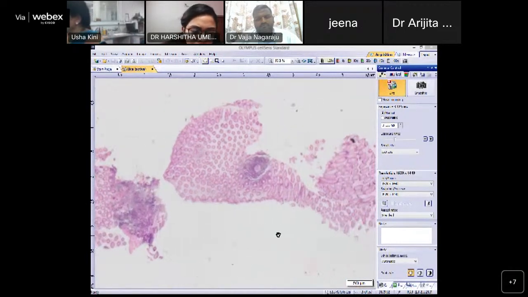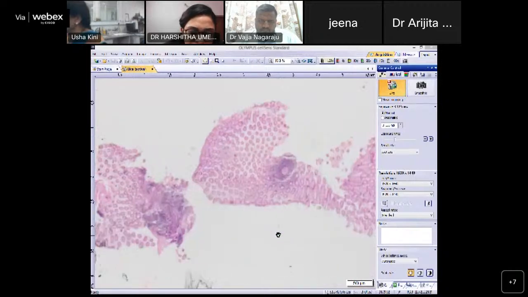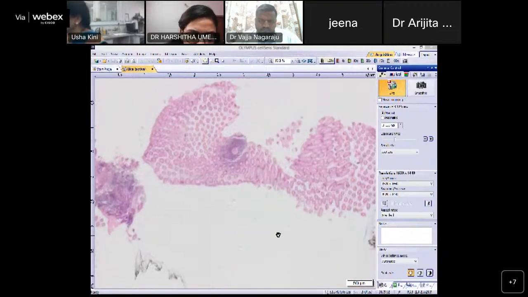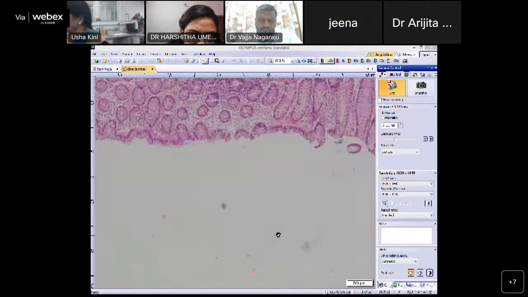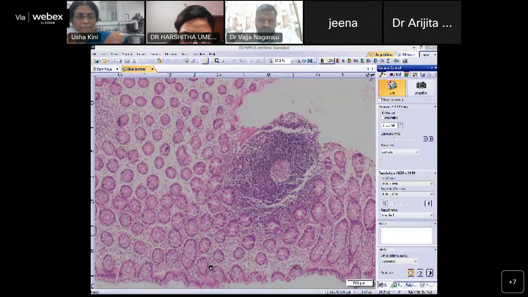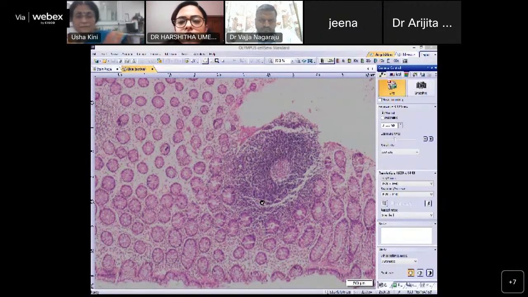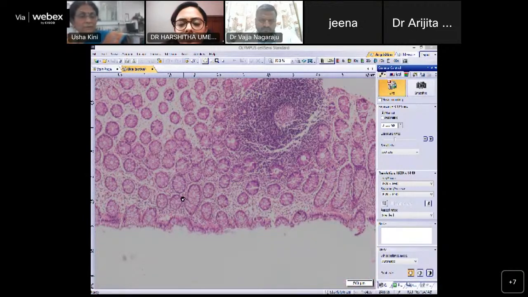Okay, so here are the mucosal bits from the cecum. You see the colonic mucosa. What is this, Hashita? Lymphoid aggregate, right? This is the surface mucosa.